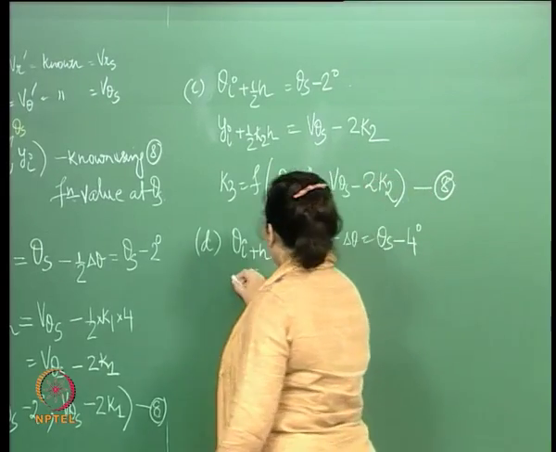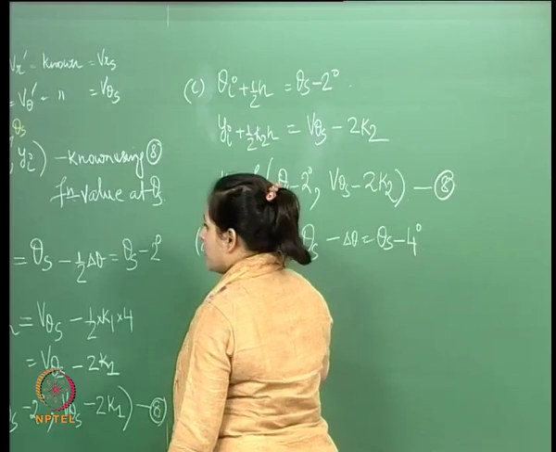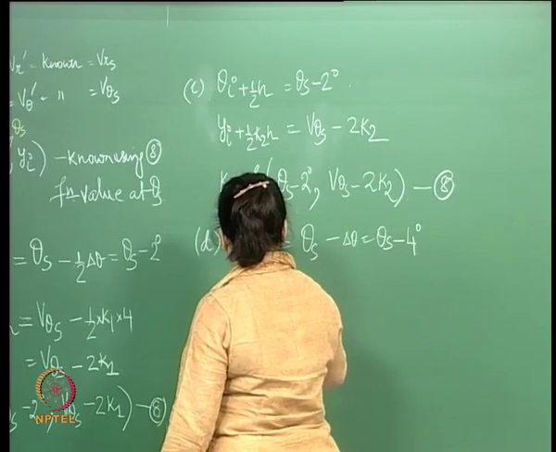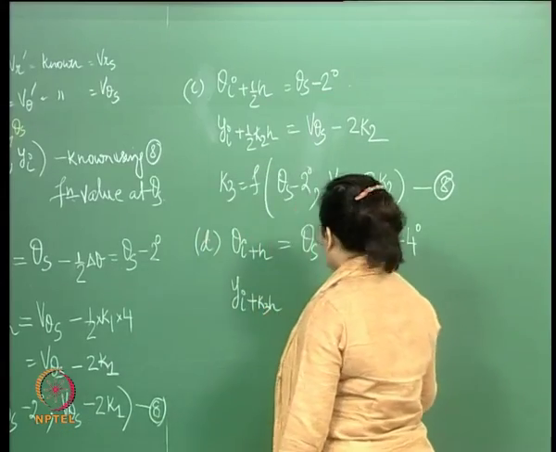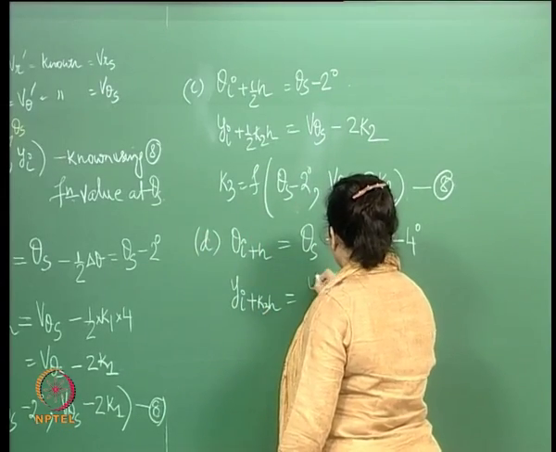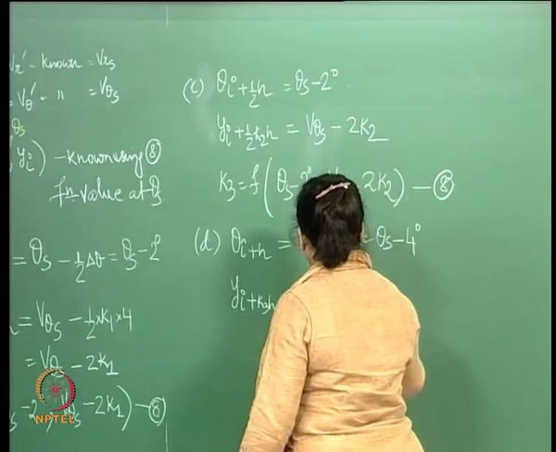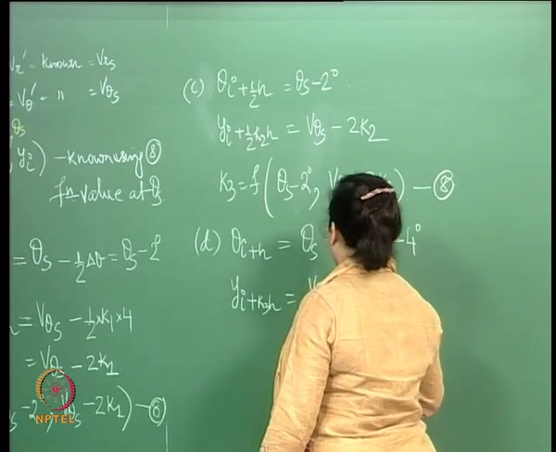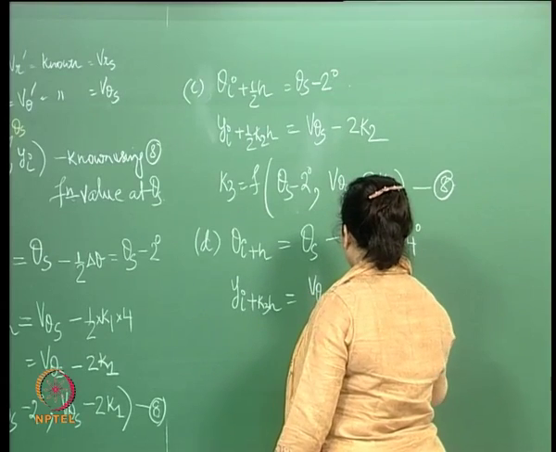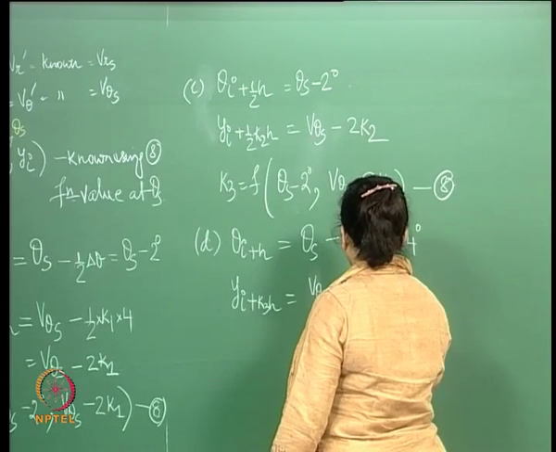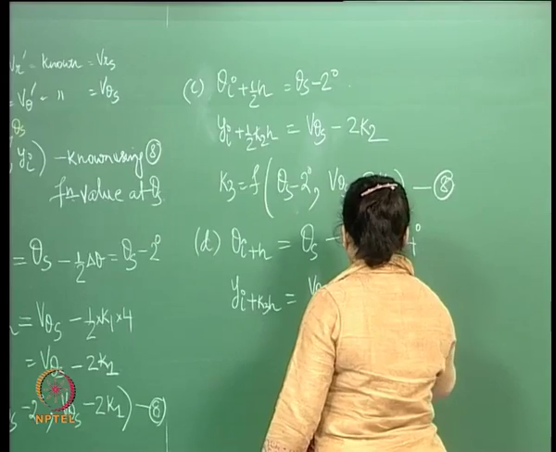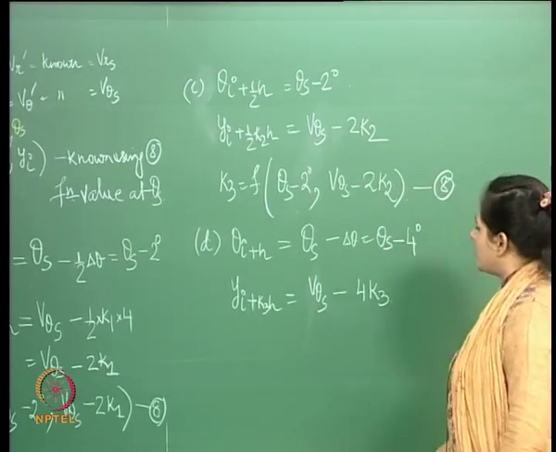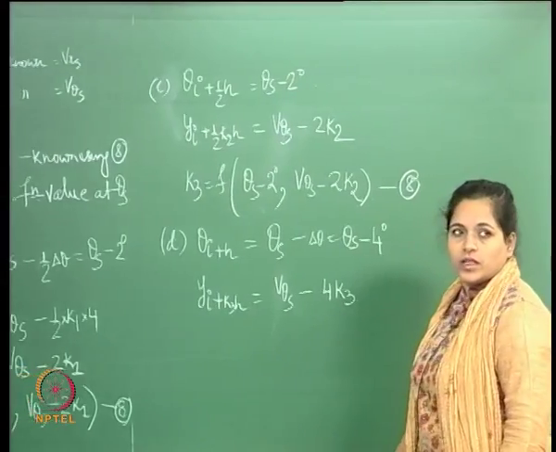This is it, and then y I plus k3 h. So, this is again y of I, which is v theta s minus 4 into k3. Okay.